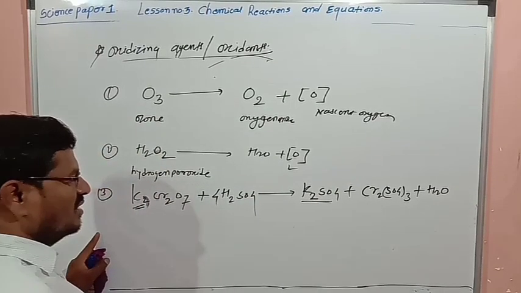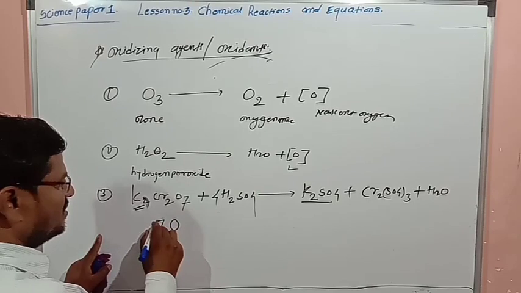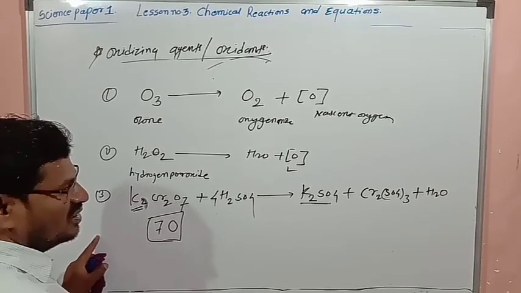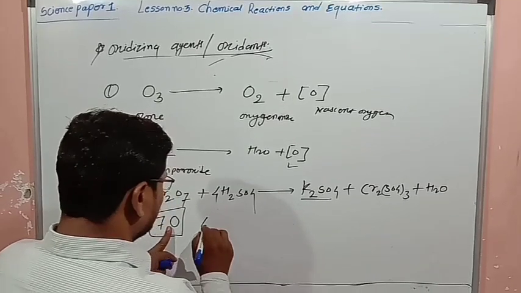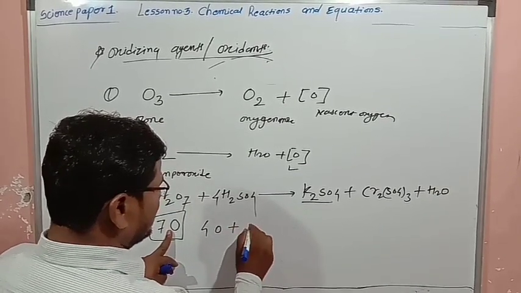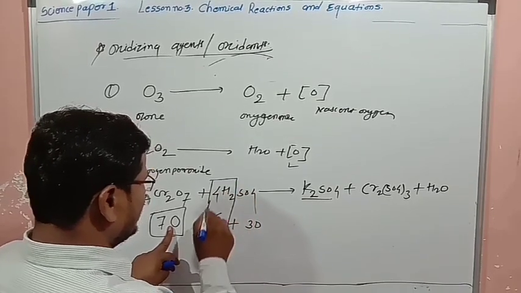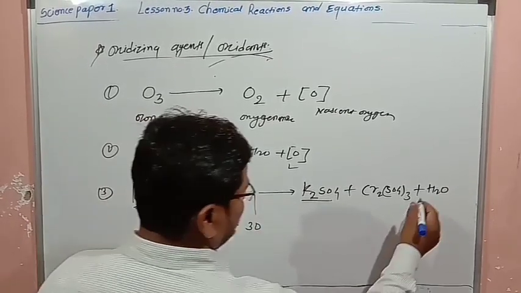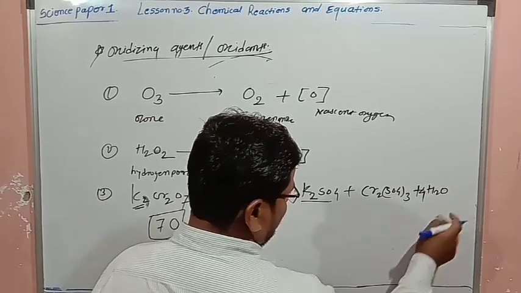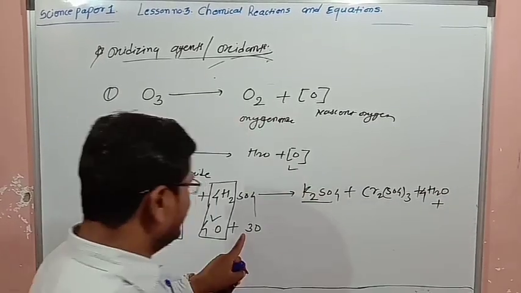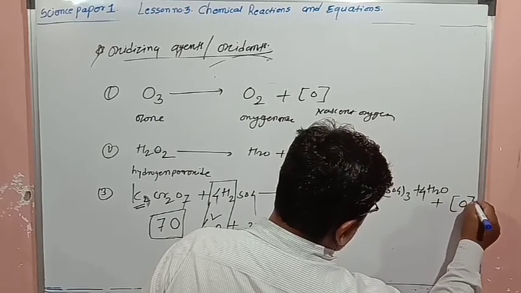So it is balanced. Now what remains? 7 oxygen remain, out of which 4 oxygen plus 3 oxygen. 4 oxygen go along with the H2, forming 4 H2O molecules, and the remaining 3 oxygen are nascent oxygen.